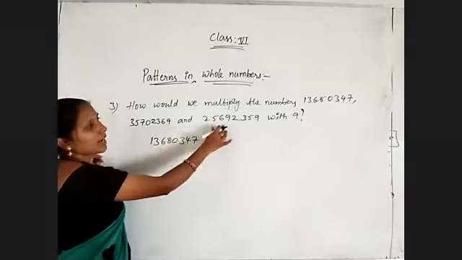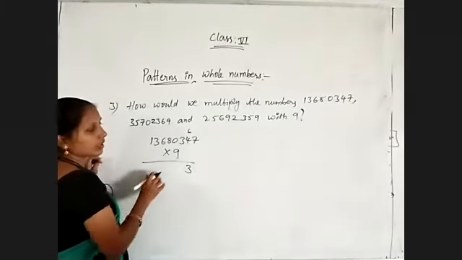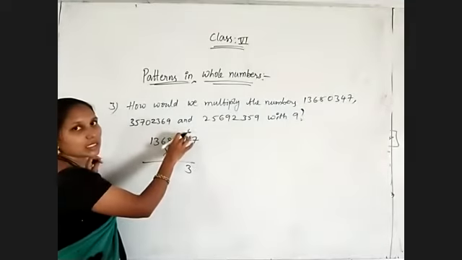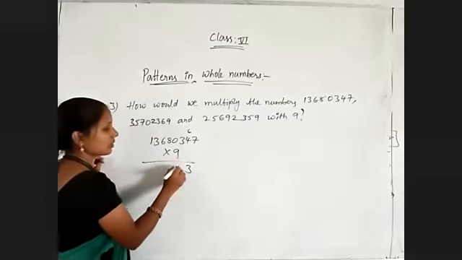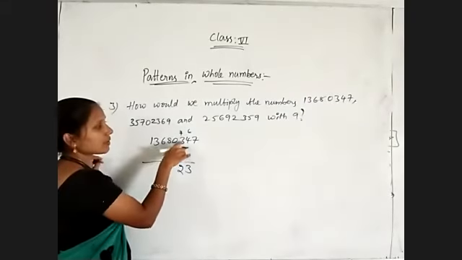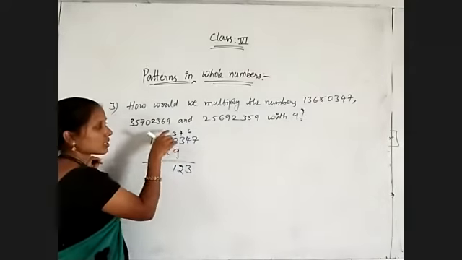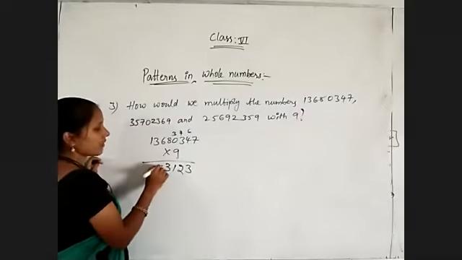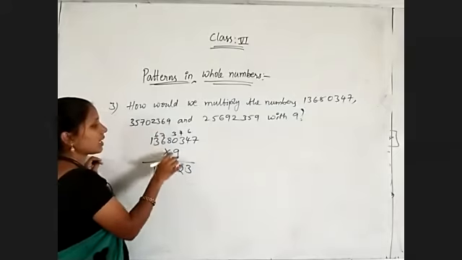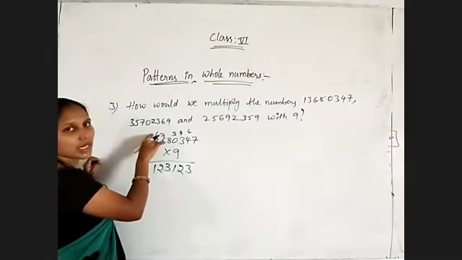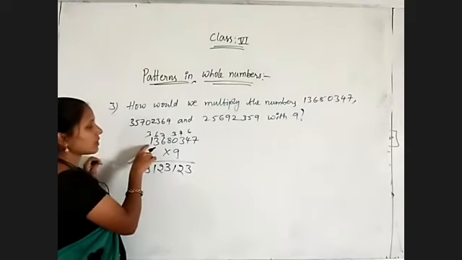13680347 multiplied by 9. 9 sevens are 63. 9 fours are 36, sorry, plus 6, 42. 9 threes are 27 plus 4, 31. 9 into 0 is 0. 0 plus 3 is 3. 9 8s are 72. 9 6s are 54 plus 7, 61. 9 3s are 27 plus 6, 33. 9 1s are 9 plus 3, 12.